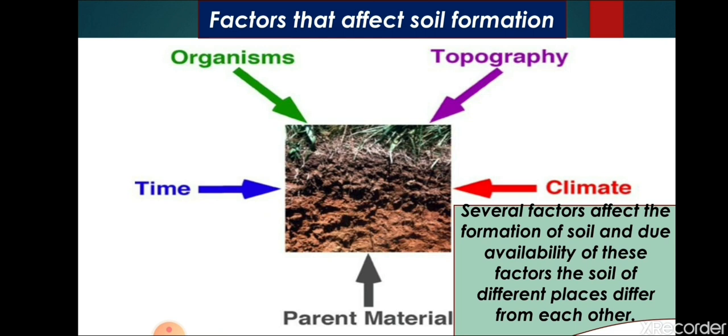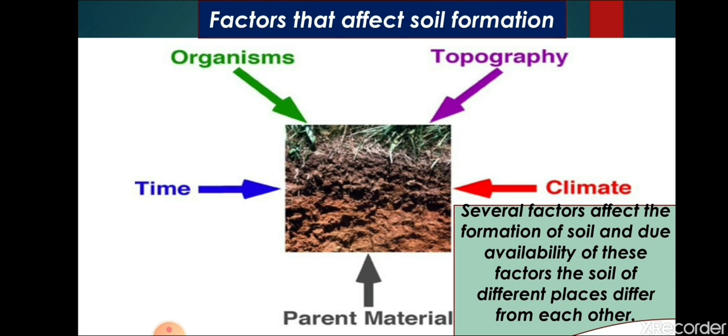Climatic conditions also help. If a place is not getting much wind, sunlight or rainfall, then the formation of soil will be slow in comparison to other places that receive enough rainfall or sunlight. Parent material is also responsible, as I have explained.